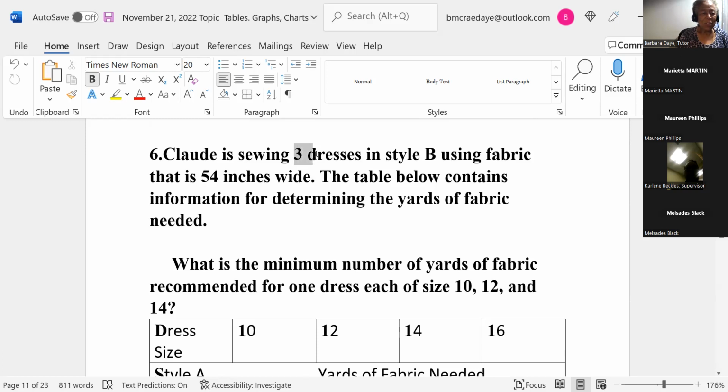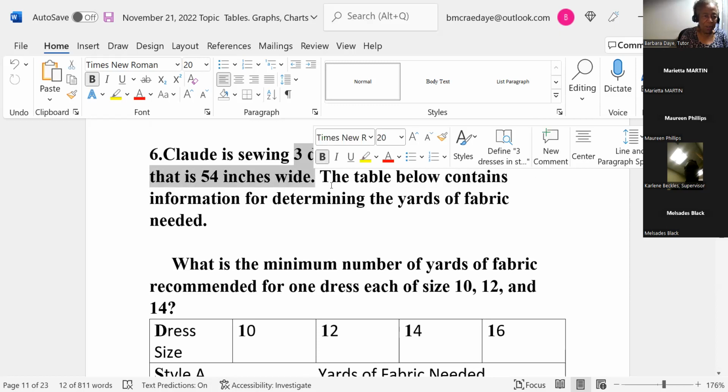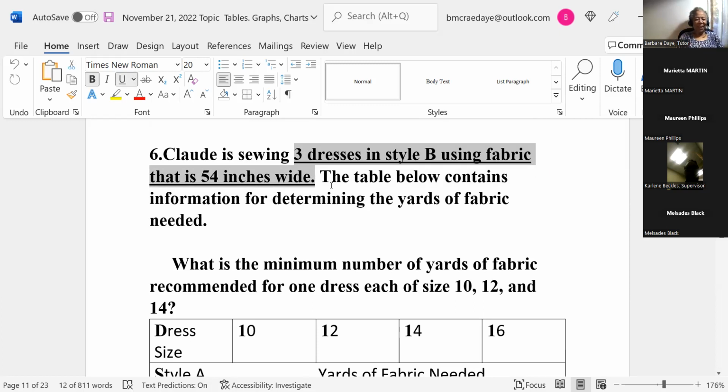Okay. 3 dresses in style B using fabric 54 inches wide. That's all you need to look for in the table. Oh, got it. And 1 dress each of size 10, 12, and 14. So let's put that there.